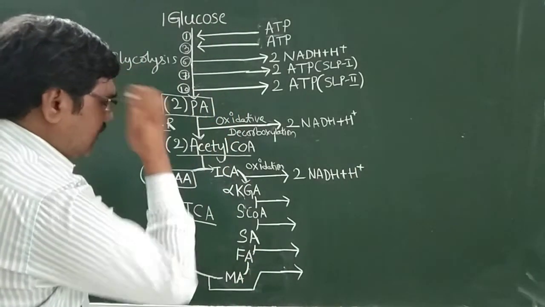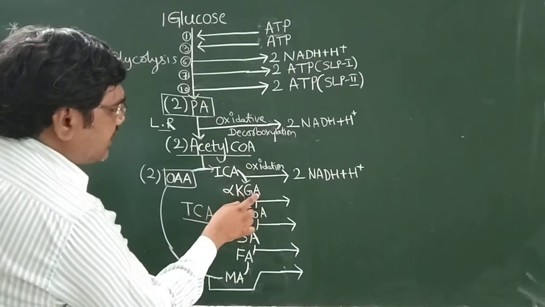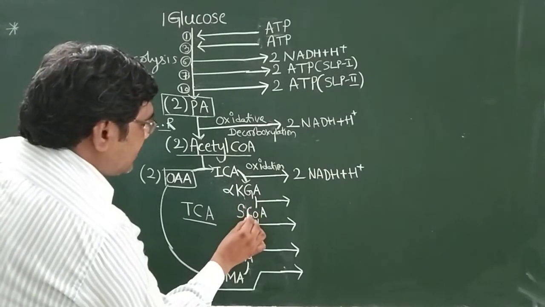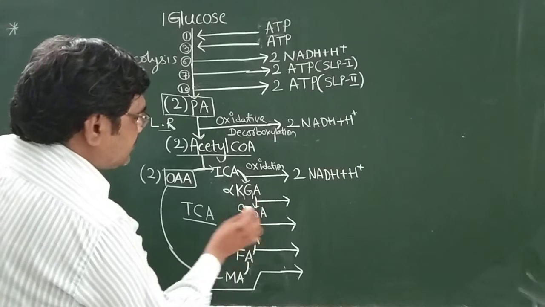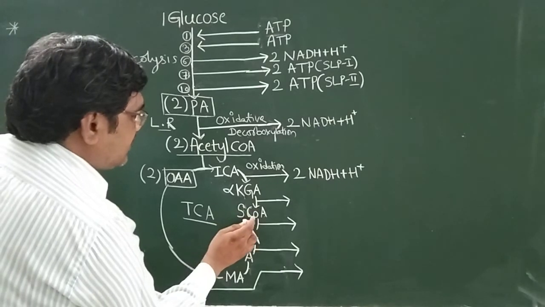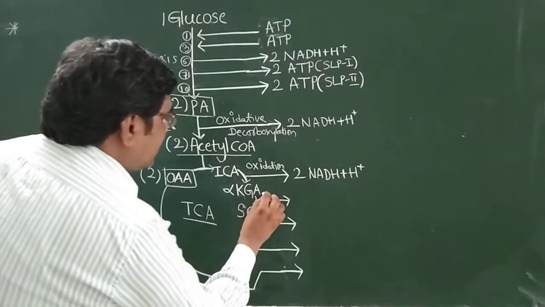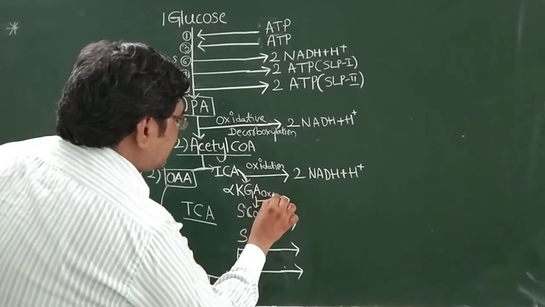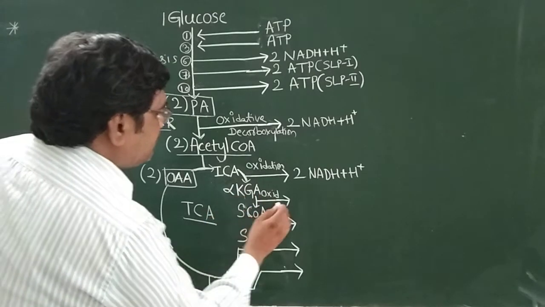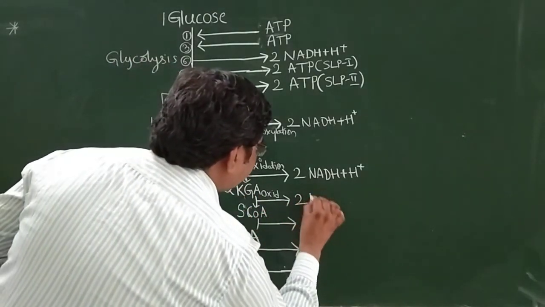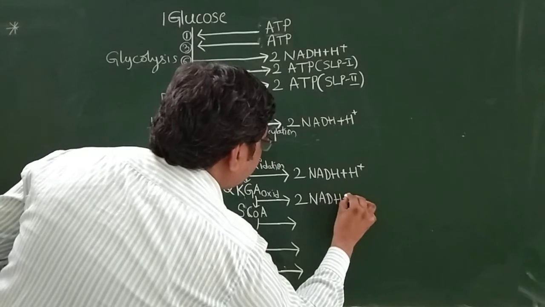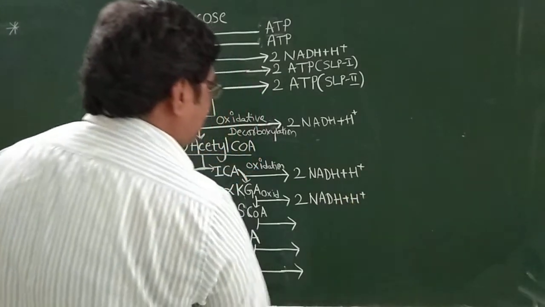Next, alpha ketoglutaric acid is converted into succinyl CoA. In this reaction again oxidation occurs, and two molecules of NADH plus H plus are produced.